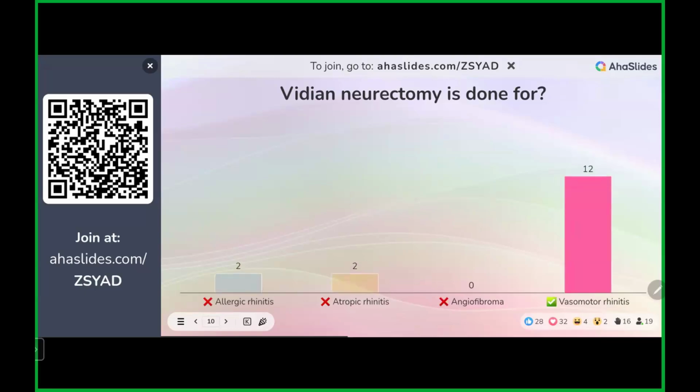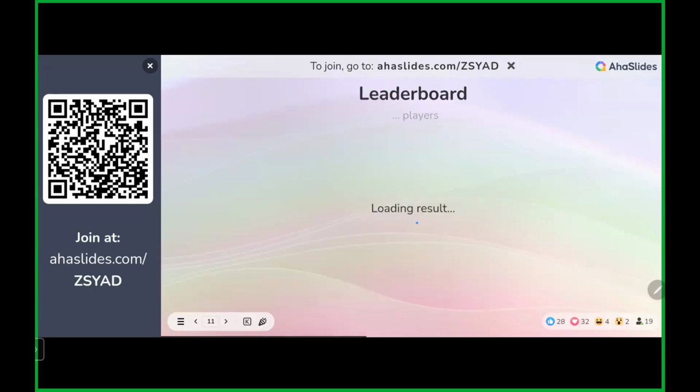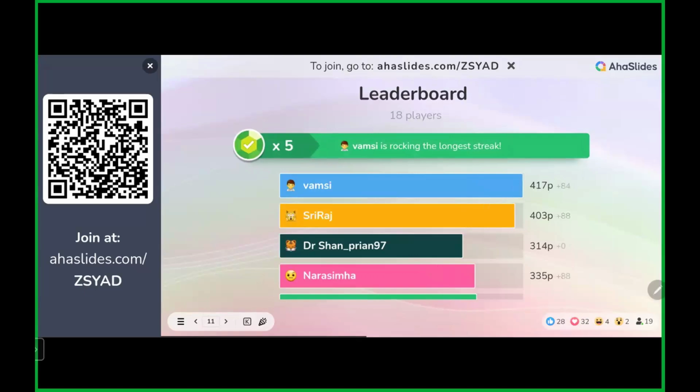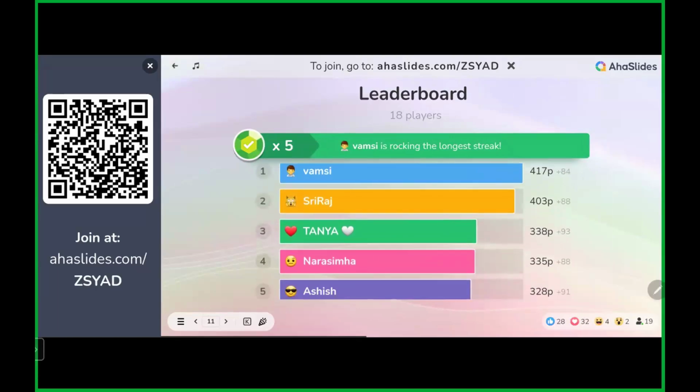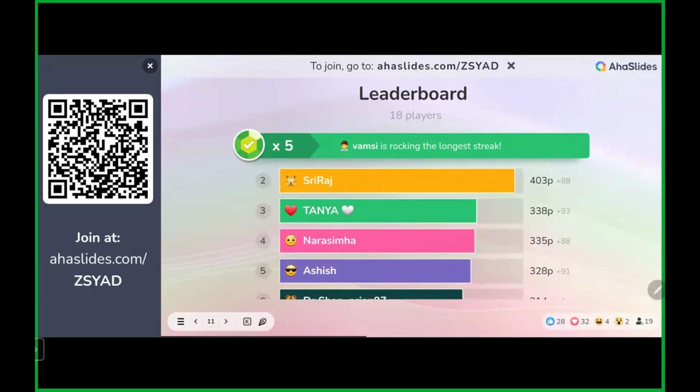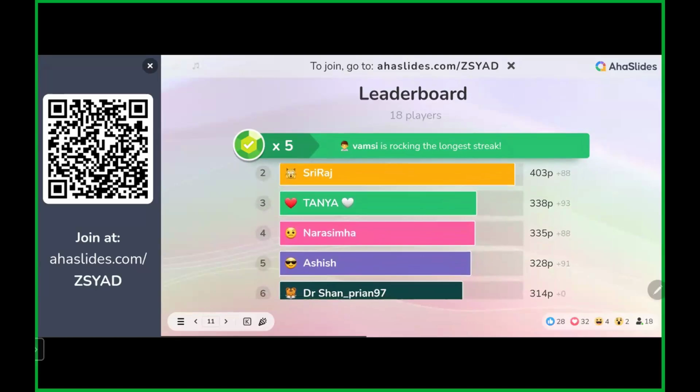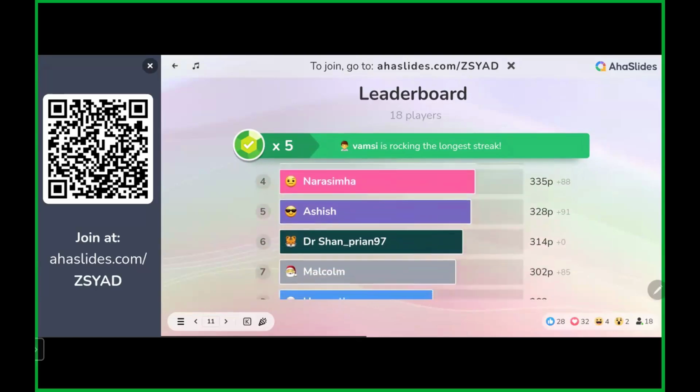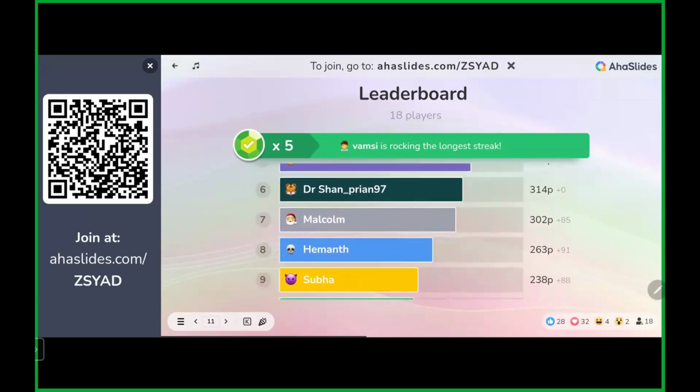We think most of them chose right. Good, guys. People are actually studying. Vamsi, the streaker. And then we got so many. Let's go. Second is Sriraj, Tanya, Narsimha, Ashish, Dr. Shanpriyan, Malcolm, Hemant.